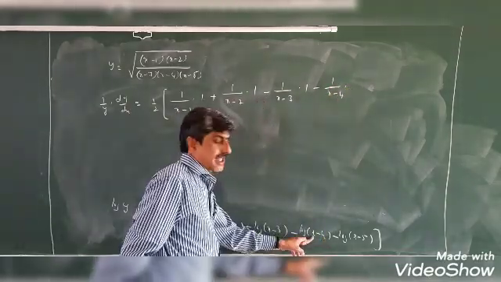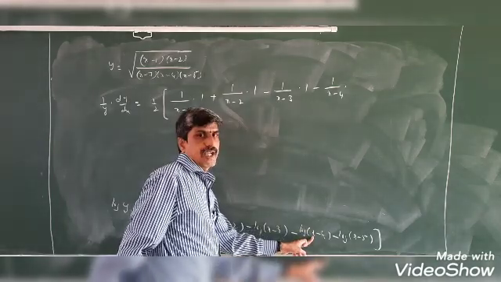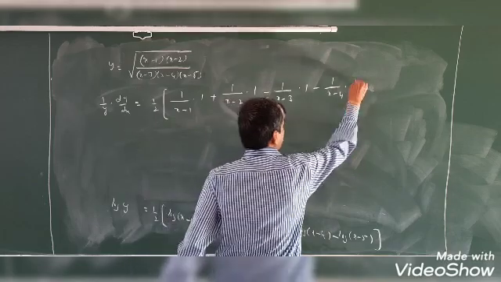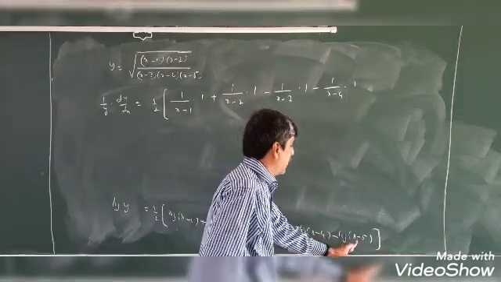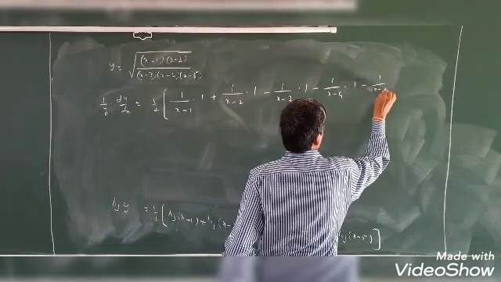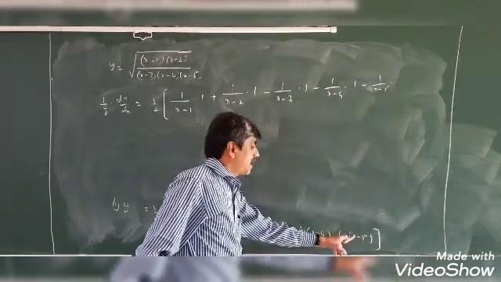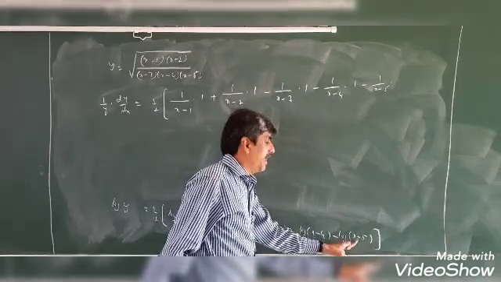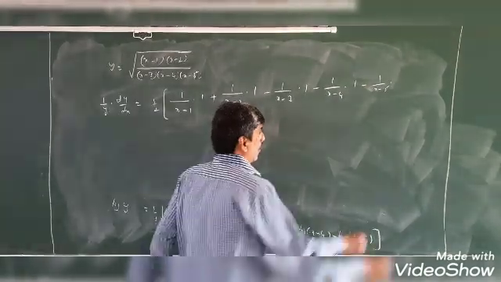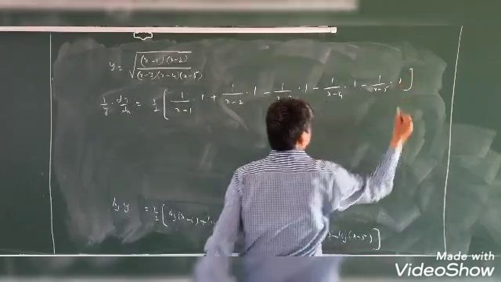Then d by dx of x is 1 minus d by dx of 4 is 0, 1 minus 0 is 1. Minus d by dx of log of x minus 5. So this is 1 by x minus 5. Then d by dx of x is 1 minus d by dx of 5 is 0, 1 minus 0 is 1.